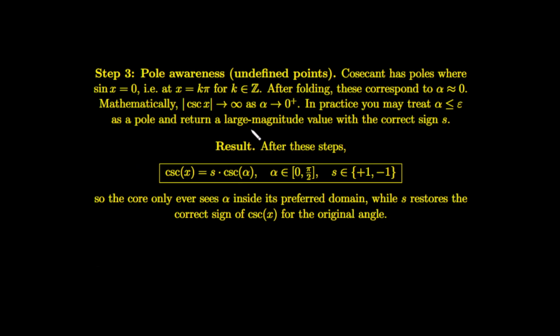So the final little bit of mathematics, if we put it down in a mathematical sense, is that the cosec x function is going to have the sign s times the cosecant of our reference angle alpha. So this has all been folded and the signs have all changed, and it's now in the range where alpha is in the value 0 to pi by 2, and the value for our s is going to be plus or minus 1.